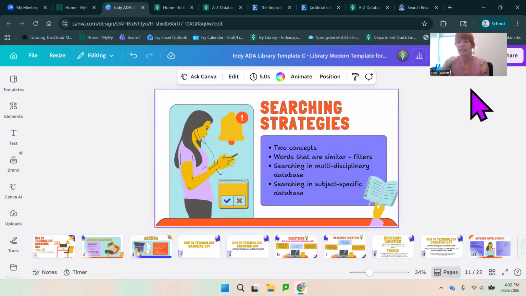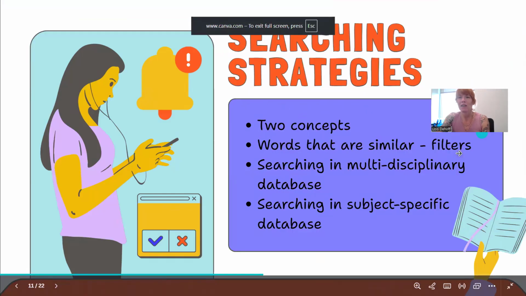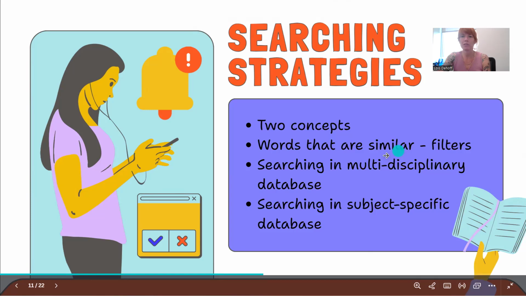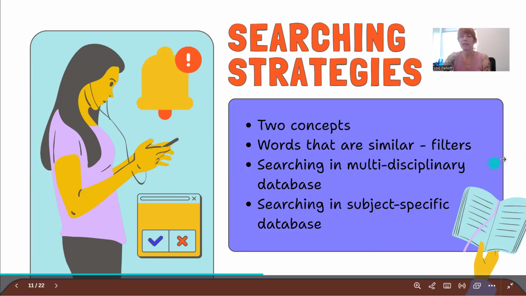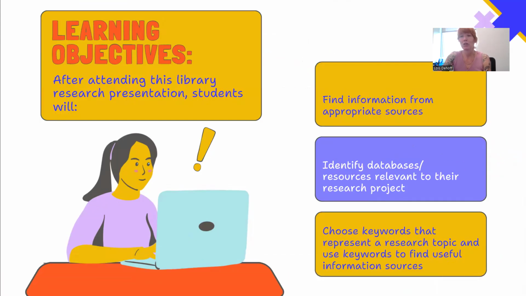So going back to this and thinking about what we know, once we have gone through that process with 4 different ones, 2 concepts, similar with filters, multidisciplinary, and subject specific, what's next is to gather your research, your sources, and start to take notes. At any point during this process, you're always welcome to talk to a librarian.